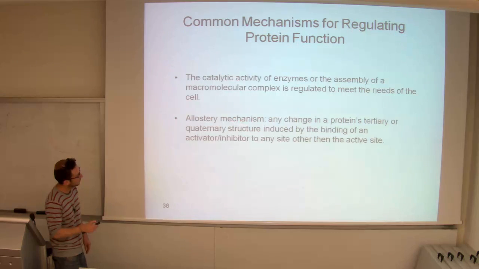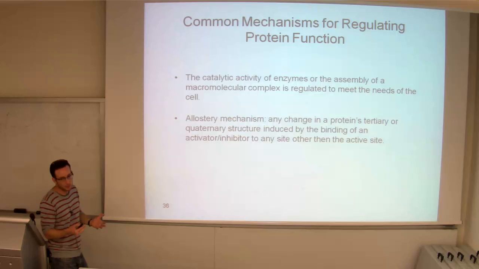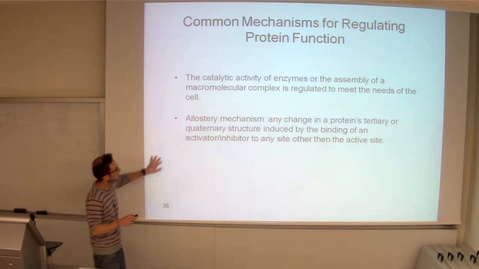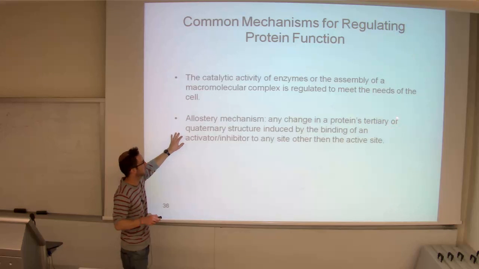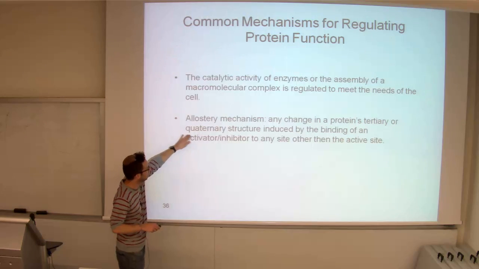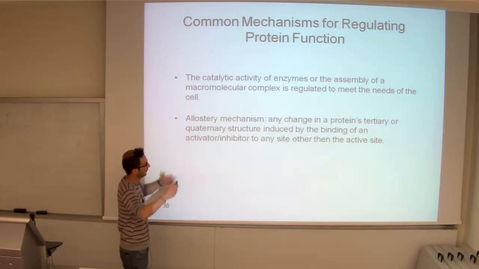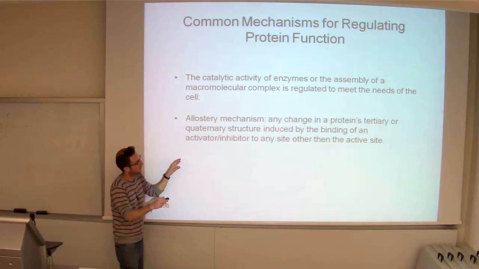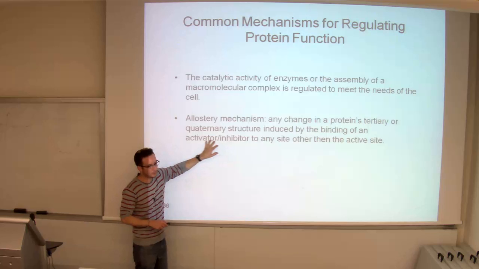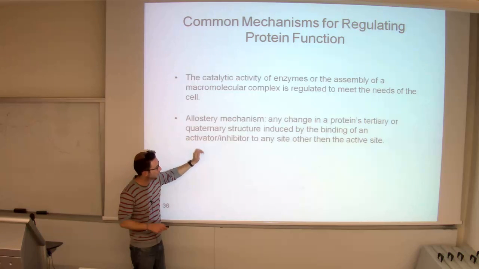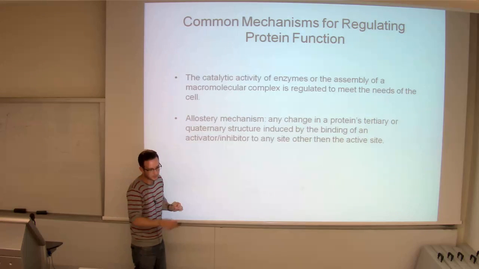Allosteric mechanism is the most common regulatory process for proteins, and it's defined as any change in a protein's tertiary or quaternary structure, but anyway, tertiary and up, that is induced by the binding of an activator or an inhibitor, by binding of a molecule to any site other than the active site.